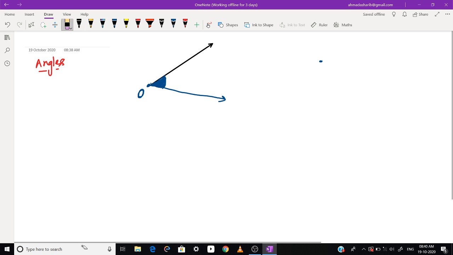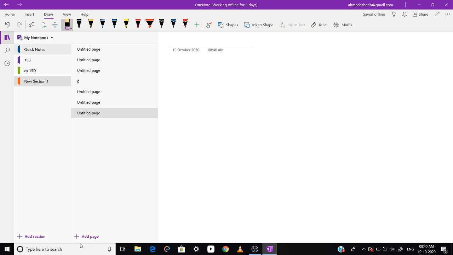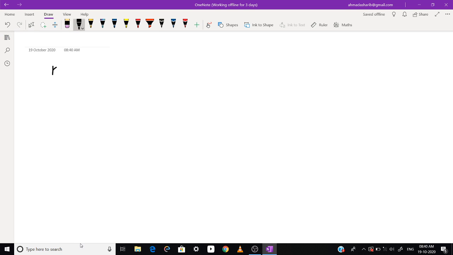So, kinds of angles. Let us study kinds of angles. There are basically 6 types of angles. The first is the acute angle. An acute angle is an angle that lies between 0 degrees and 90 degrees.